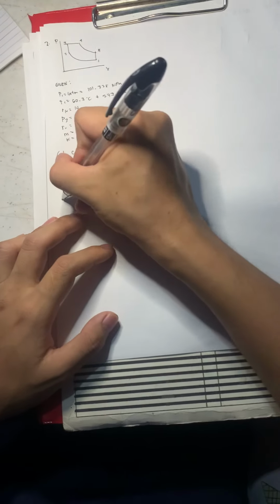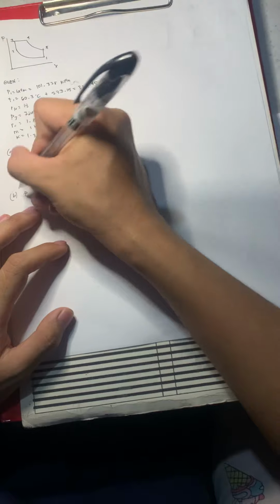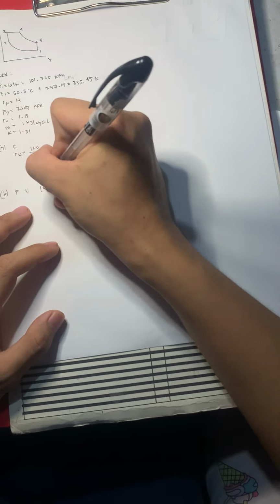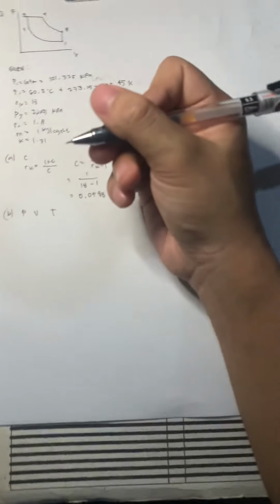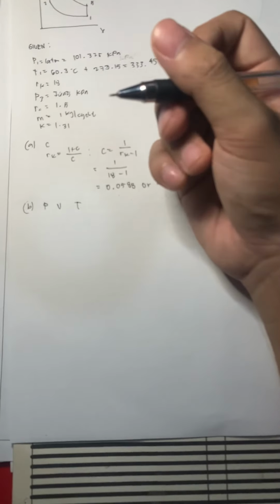Now B, P, V, T at each corner point of the cycle.